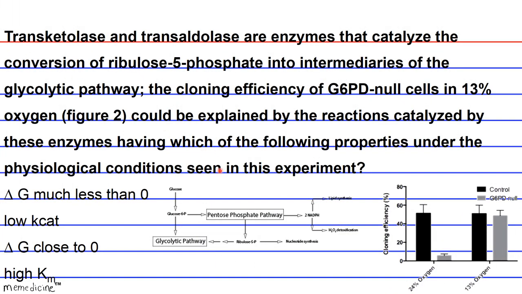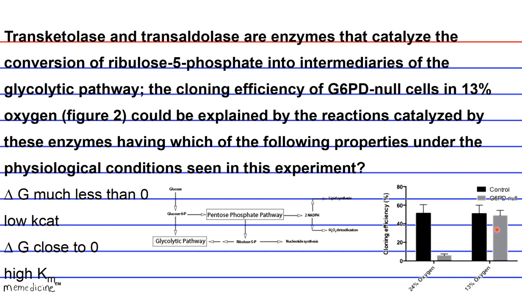Okay, so in order to answer this question, you definitely had to know something about reaction kinetics outside of the passage, or you could have used another thought process based on the passage to arrive at the answer choice, but I'm not sure what that would be, okay? So reducing the oxygen content from here to here restores the cloning efficiency of the G6PD null cells to levels seen with control cells, okay?